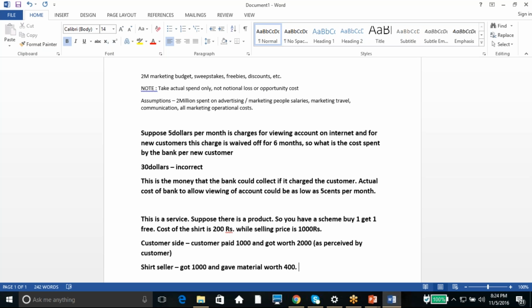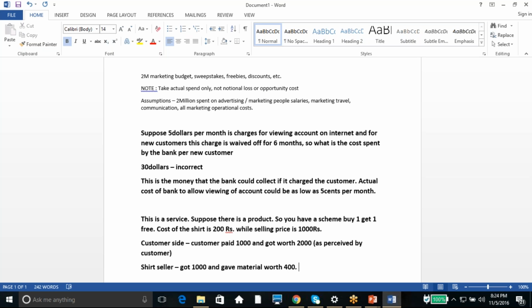If someone gives you 1000 free SMS, the perceived value to the customer is almost 1000 rupees, assuming 1 rupee per SMS. But the cost of servicing that SMS by the company could be as low as 2 paisa or 1 paisa. So effectively that 1000 SMS, even if completely utilized, may only cost the service provider just 10 rupees.